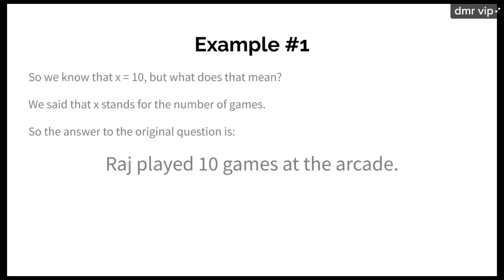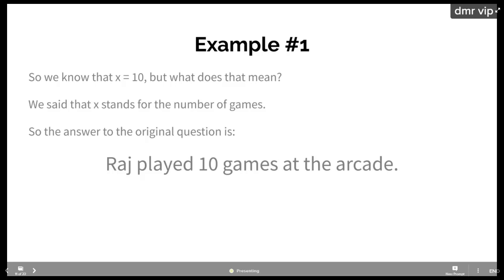So x equals 10, that is the answer to the math. But if you remember, our problem wasn't about solving that equation. Our problem was about a guy who went to an arcade, played in a competition, and the thing we were trying to figure out was how many games he played. So hopefully it makes sense. A good answer to this would be Raj played 10 games at the arcade. Like that answers that question.